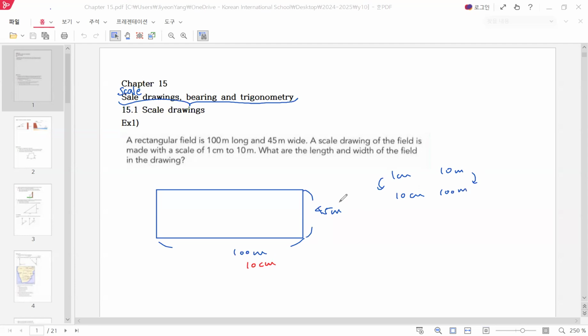Change meters to centimeters and then divide by 10, so 45 meters becomes 4.5 centimeters. So the length is going to be 10 centimeters and the width of the field in the drawing is going to be 4.5 centimeters. That is the answer. It's easy, right?